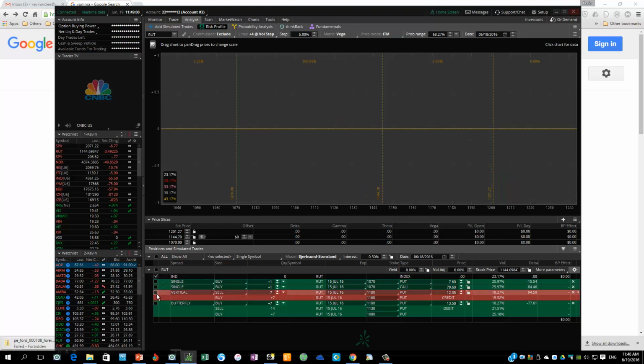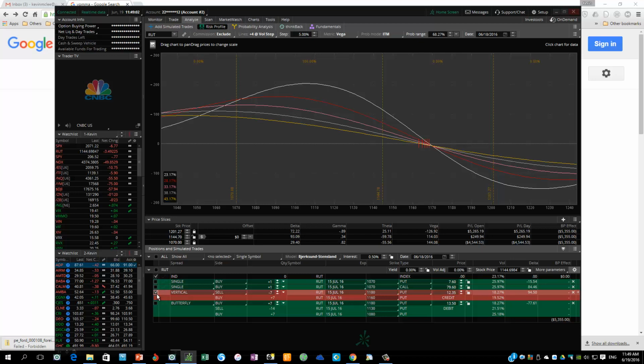Now, when I look at the put vertical, on the other hand, you see that the colored lines are below the white line. It means that VOMA is negative. It means that when volatility goes up, vega comes down. That is undesirable. And the separation between the lines gets bigger as the market goes down. It means that VOMA becomes more and more negative.